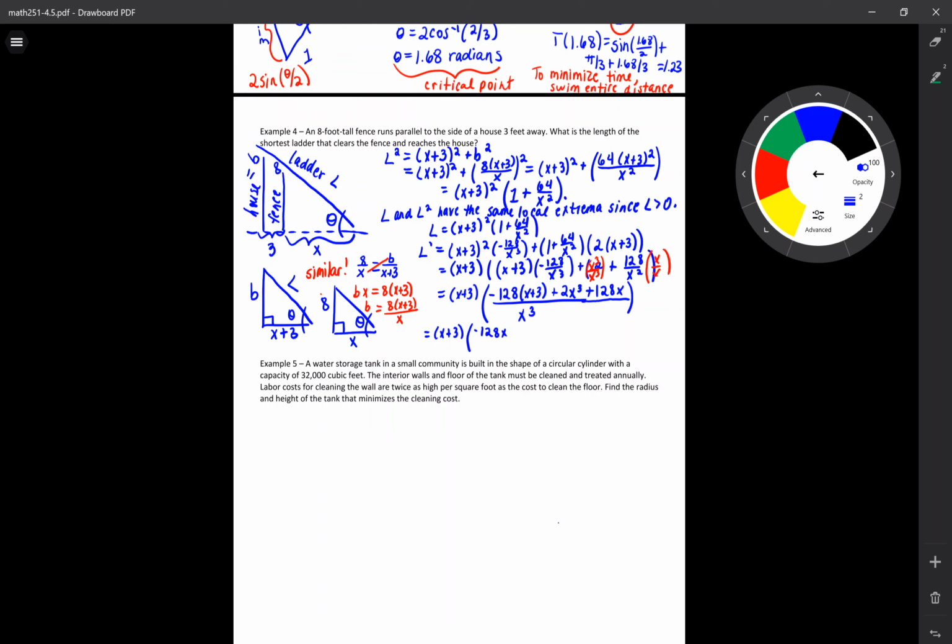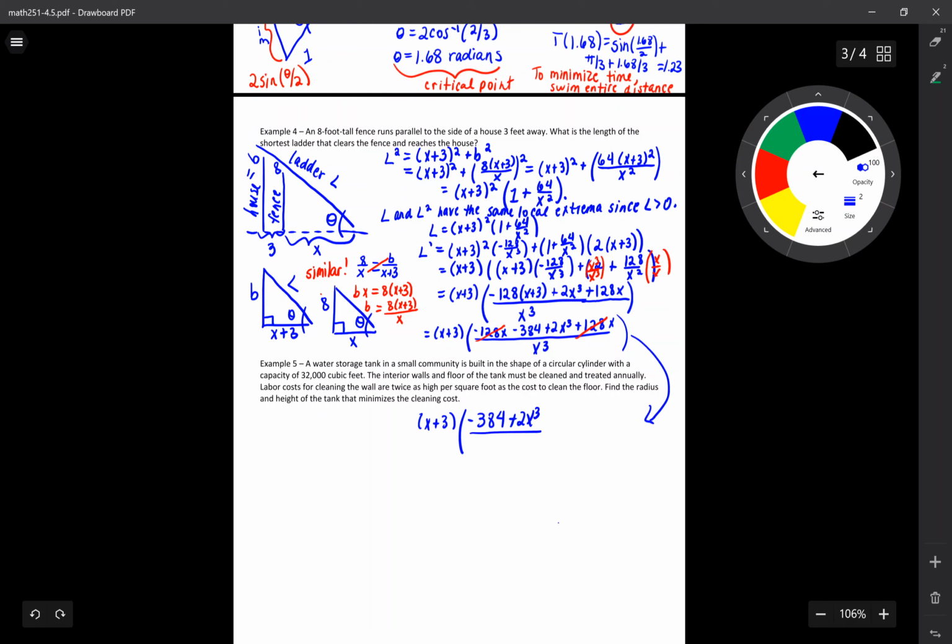Negative 128 times 3 is equal to 384, so I get minus 384 plus 2x cubed plus 128x over x cubed. Let's see, my 128x's cancel. I'm going to have to move down here since I'm running out of room. And I'm left with x plus 3 times negative 384 plus 2x cubed over x cubed. Whew, and that is as simplified as it can get.